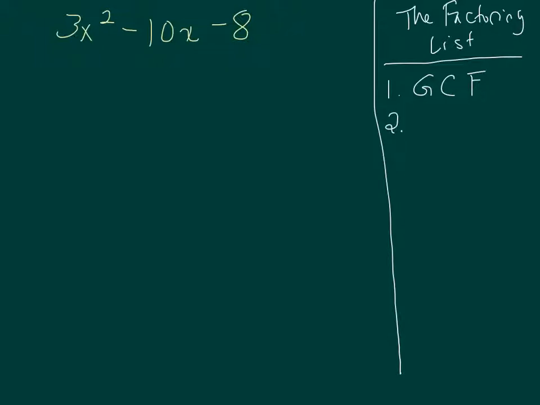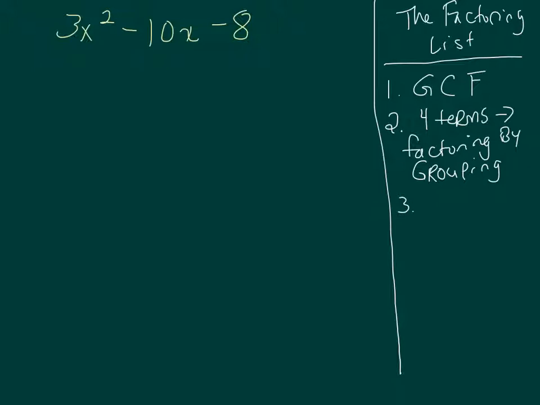So second on the factoring list, I want to check to see if I have 4 terms. If I do have 4 terms, then I can try factoring by grouping. I don't have 4 terms, I only have 3 terms.